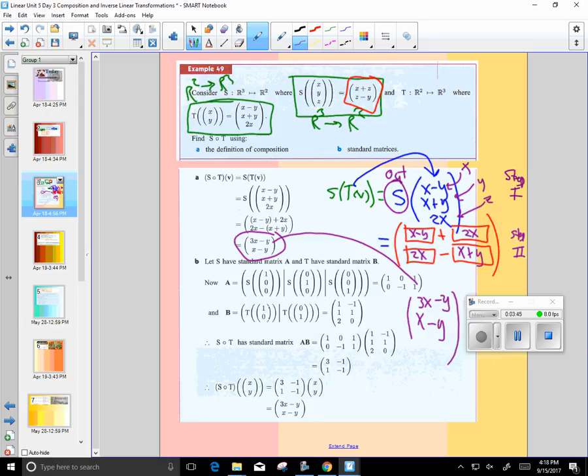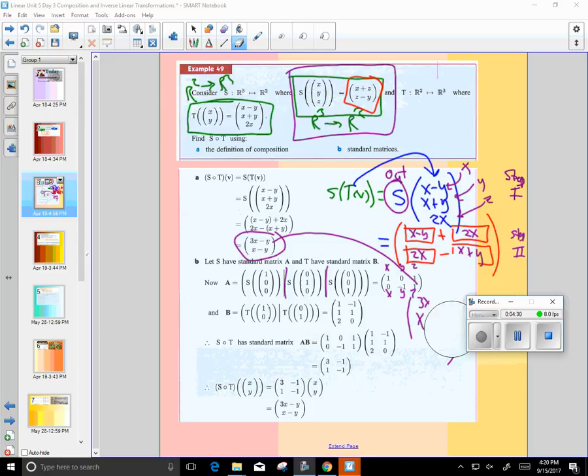Using standard matrices, okay, I think what they're saying there is, can you then break this down into standard matrices? As they proved earlier, which was really interesting, they took the standard matrix of S. So they took S here, and they broke it into what's happening with X, Y, and Z. So here's my X, Y, and Z, right?